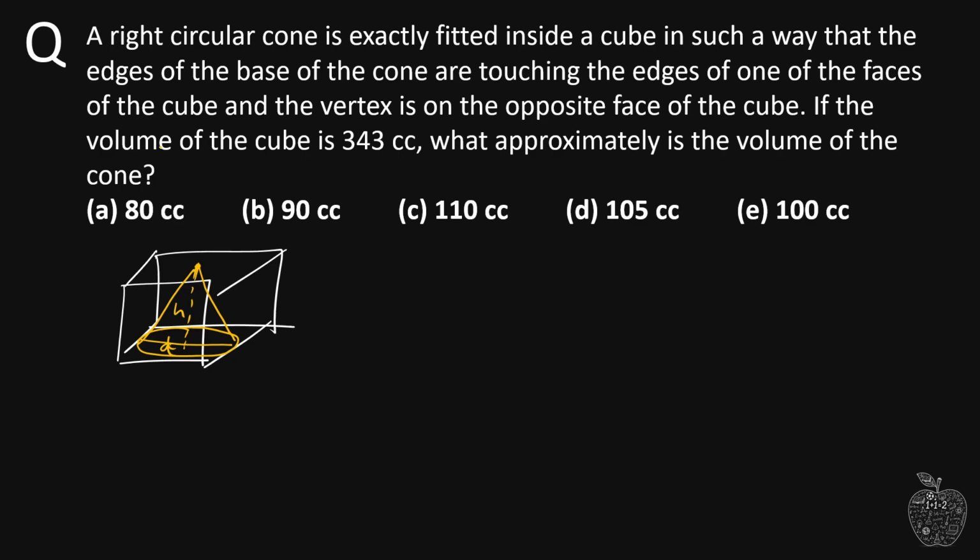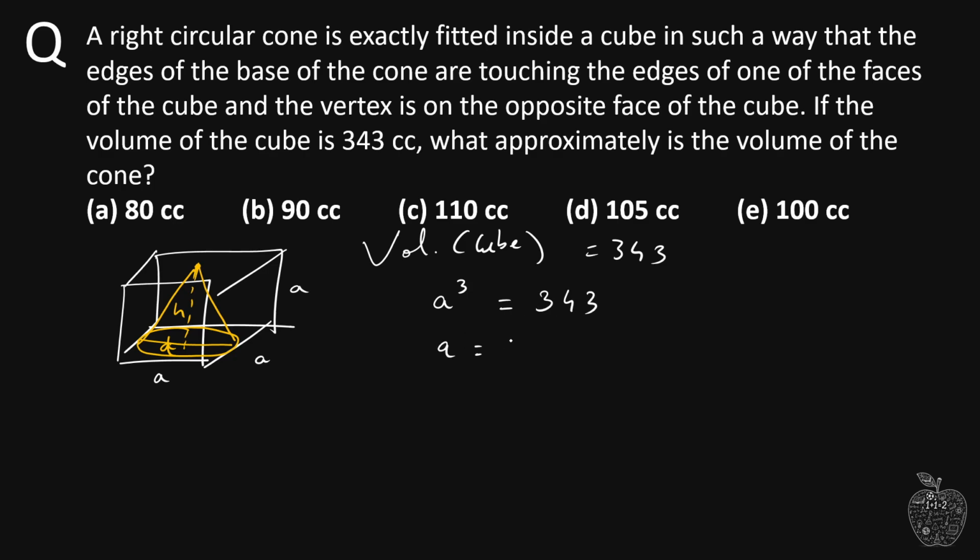Question is asking us, if the volume of the cube is 343 centimeter cube, what approximately is the volume of the cone? All right, so let's assume that A is the length of the side of the cube, and we know that the formula for calculating volume of cube is A cube. So A cube is equal to 343.